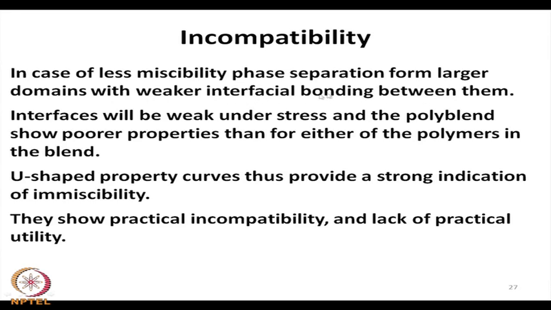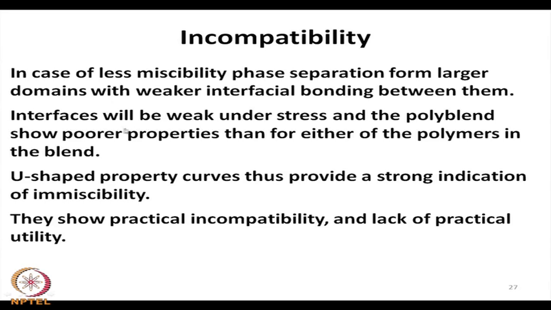So, here there can be larger, dispersed domains in a continuous matrix. If there is a lack of interface bonding, of interaction between the domains and the matrix phase, then we regard this as a blend having less miscibility.